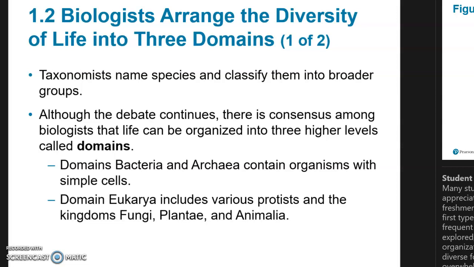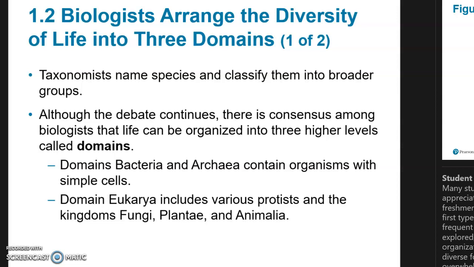Okay, and then the domain eukarya has all of the eukaryotic kingdoms. Eukaryotic cells have true nuclei, they have organelles or cell parts. They're bigger cells, and eukaryotes can be single or multi-celled organisms. And so those kingdoms are going to be Protista, which is kind of a catch-all and has all the weird ones that don't fit in the other 3 kingdoms.